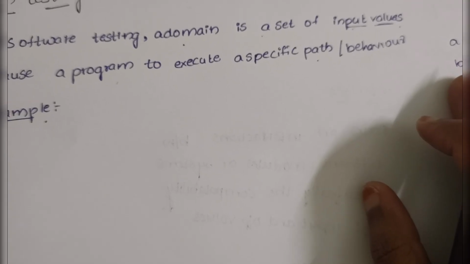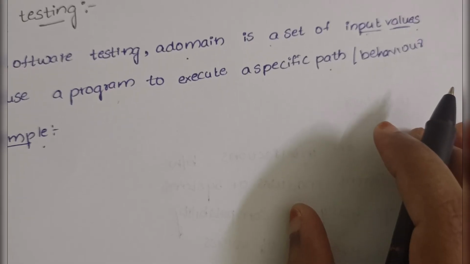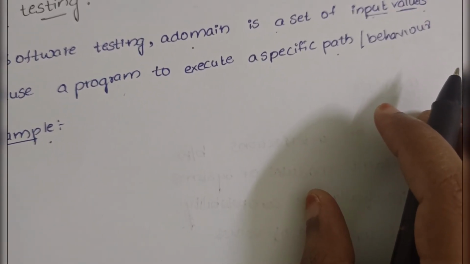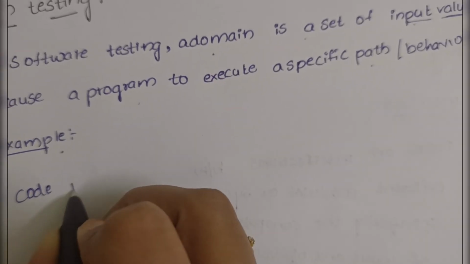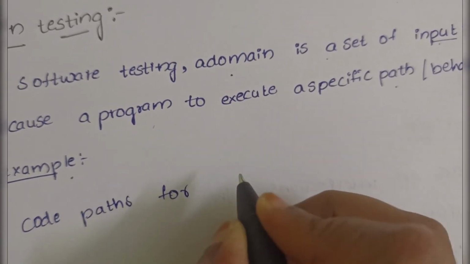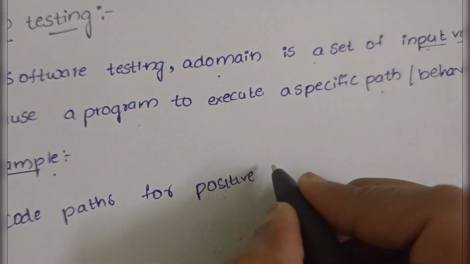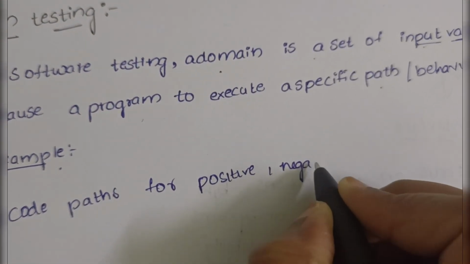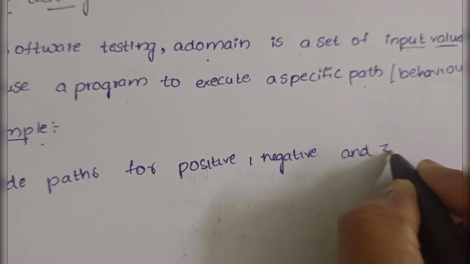For example, in domain testing a program might have different code paths: code paths for positive, negative, and 0.